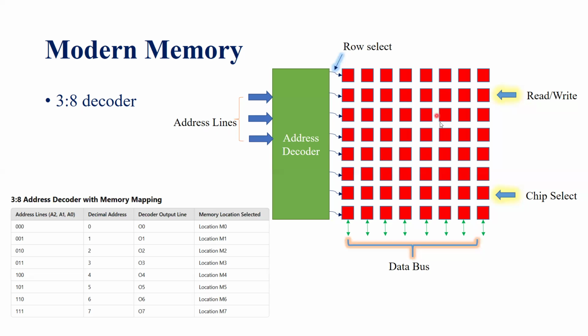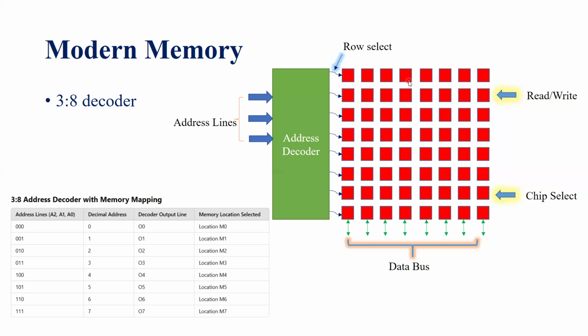So this is the inside part of the memory where the data is stored. It is shown in the form of a number of rows and columns, and which row is to be selected in order for the data to be accessed.